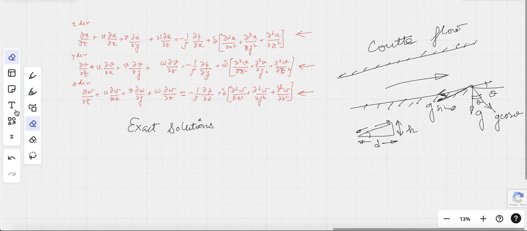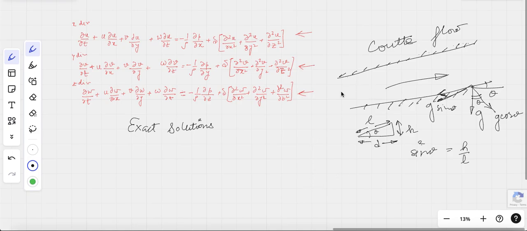Hold on, this is theta, this is L, right? Then sin theta is h by L, right?